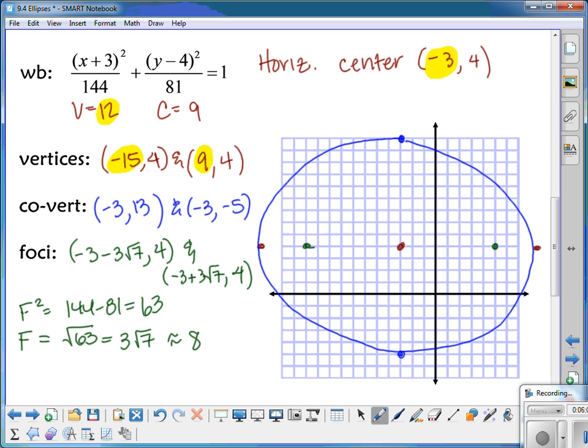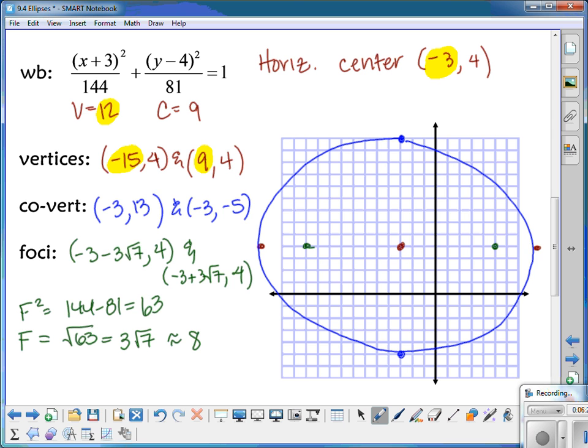So you can also figure it out mathematically or graphically, although these you had to graph anyway, so you might as well just use the graph. The co-vertices are -3, 13, and -3, -5. And then the foci were at -3 minus 3 root 7, comma 4, and -3 plus 3 root 7, comma 4. Some other questions on that?